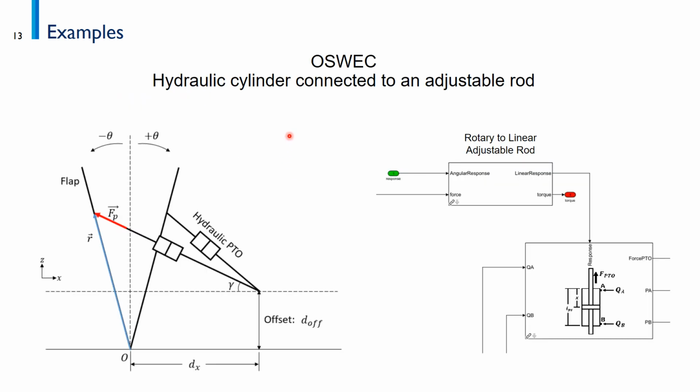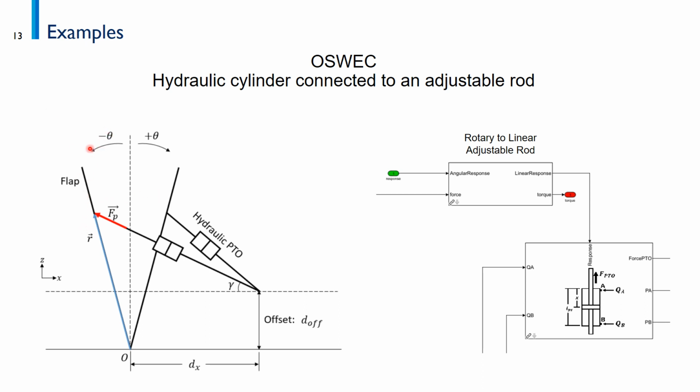Some other examples that you can find in the applications repository are, for example, this oscillating surge wave energy converter. This example has a hydraulic cylinder connected to an adjustable rod. As you can see, this is a schematic representation of how the oscillating surge wave energy converter moves, right?